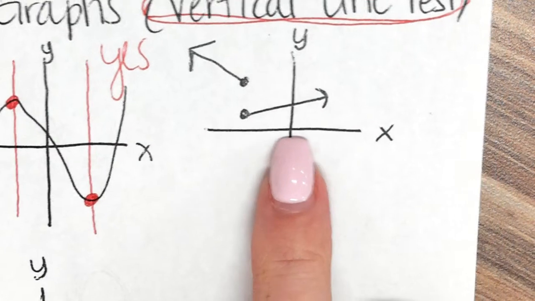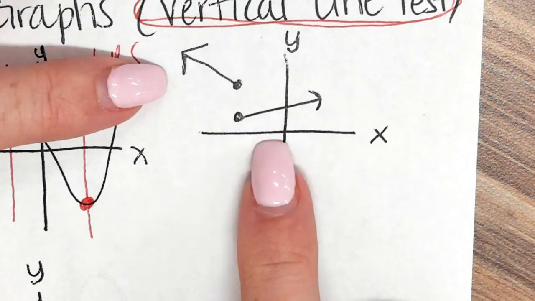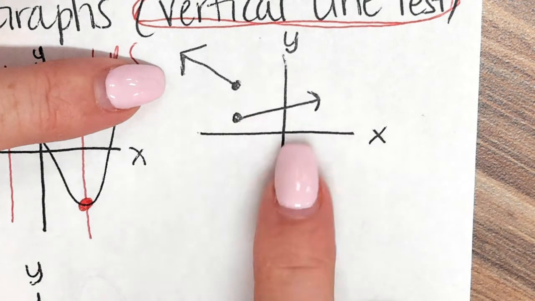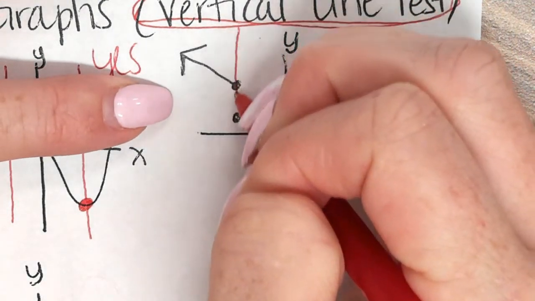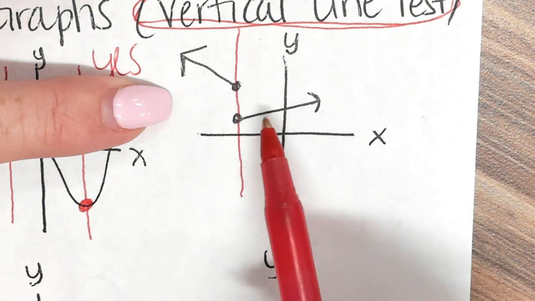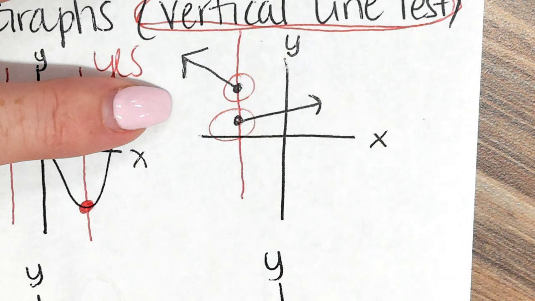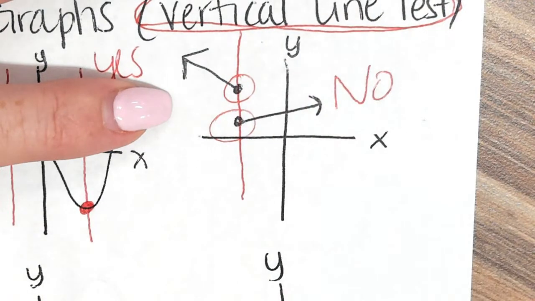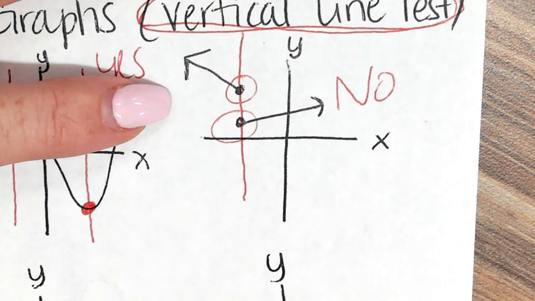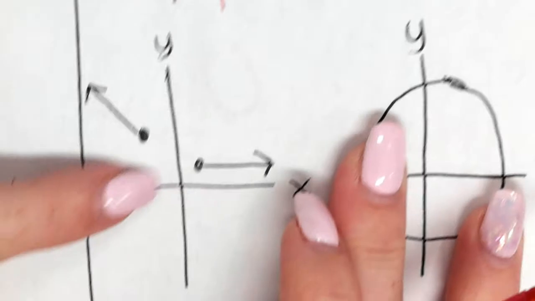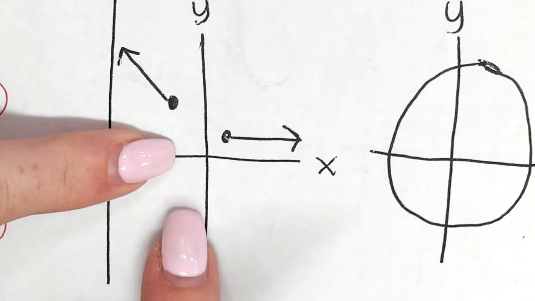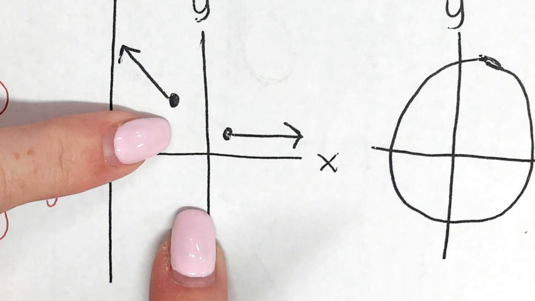Now let's look at this picture to the right. If I drew a vertical line right here, how many times did it touch? 2. Can it touch 2 times? So this would be no, it's not a function. Okay, go down to this bottom left one. What do y'all think about this one? Function or no?